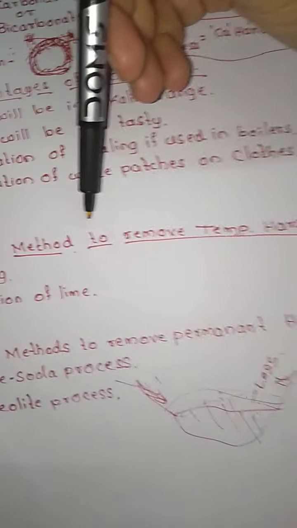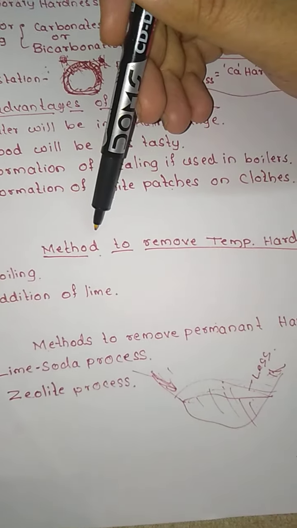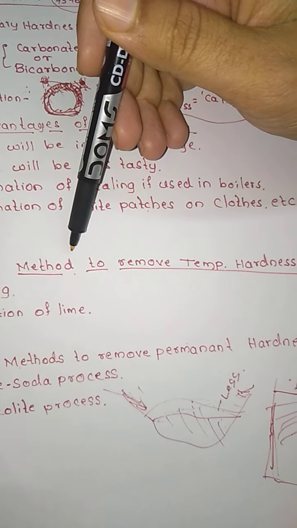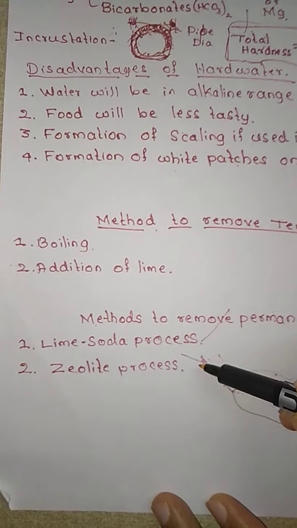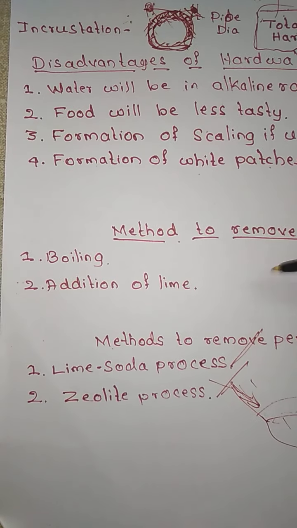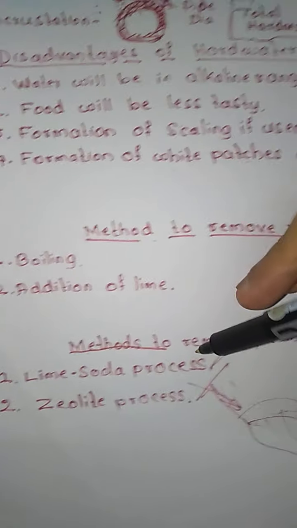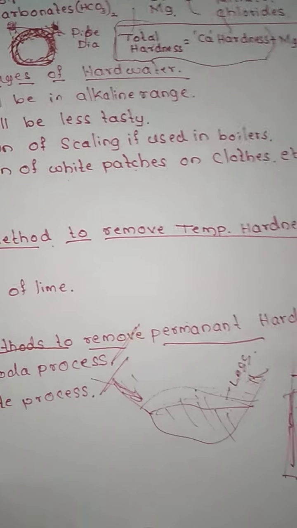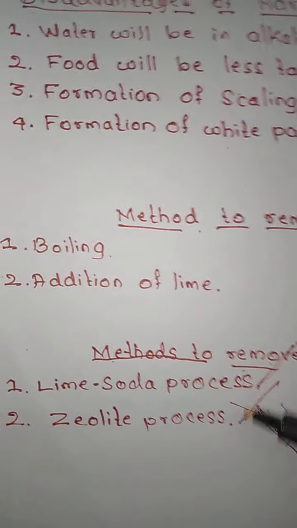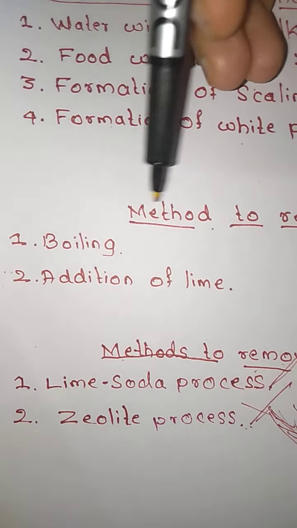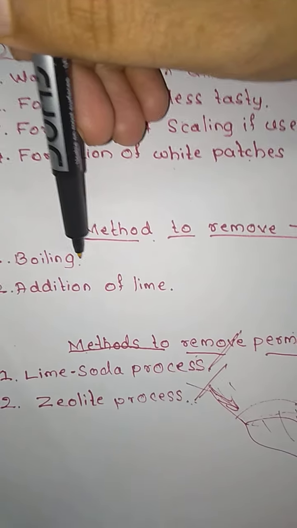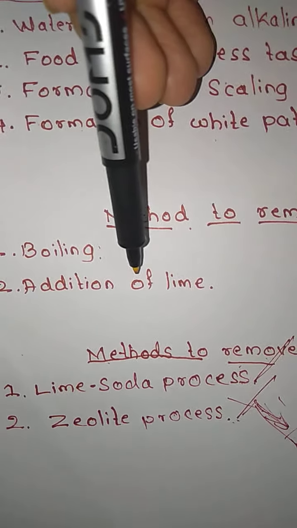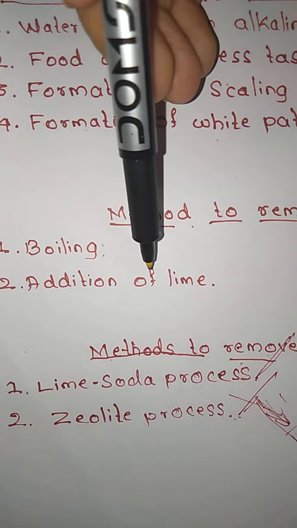Now coming to this unit, that is miscellaneous treatment, we are more concentrating on the lime soda process and the zeolite process. These are the methods to remove permanent hardness. We are going to concentrate on these two, but we will also study how boiling removes hardness and how the addition of lime also removes hardness.